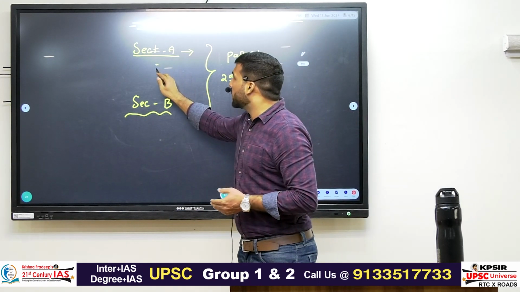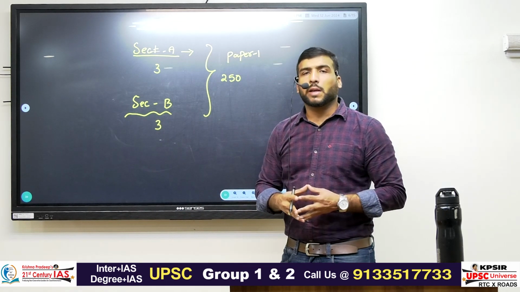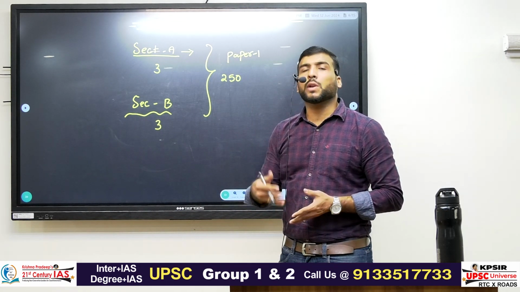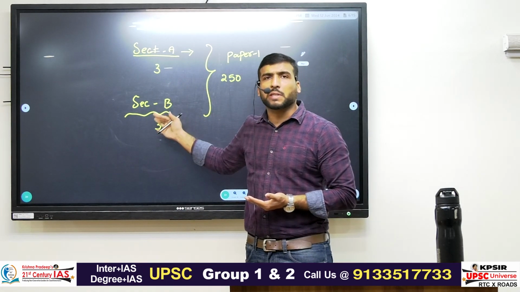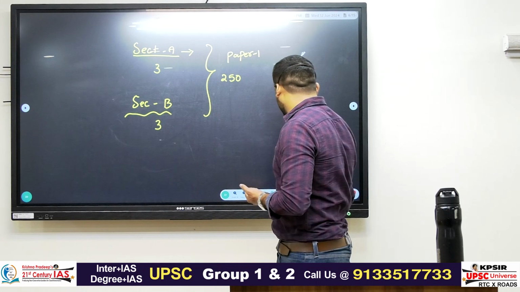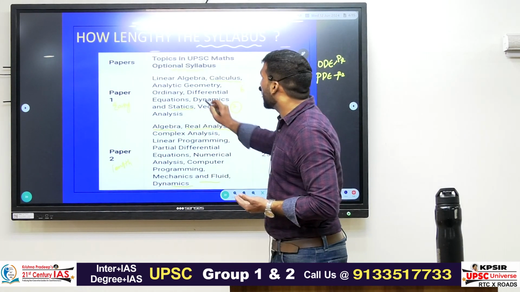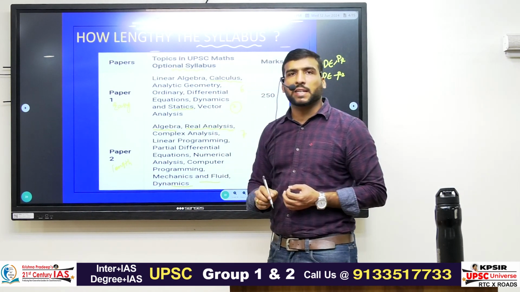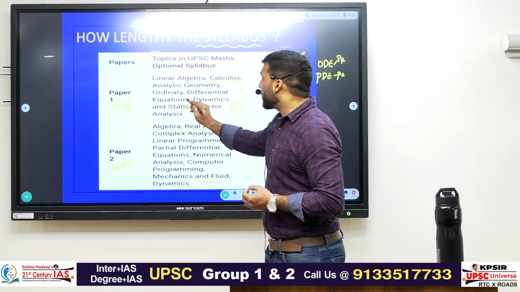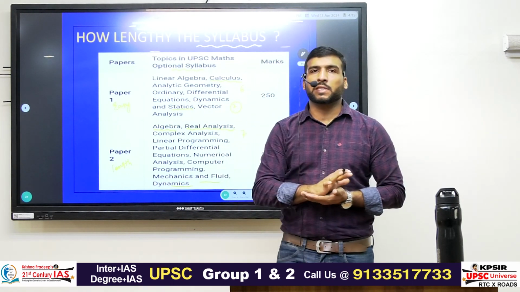In section A, 3 chapters, and in section B, 3 chapters. As I told you, paper 1 is easier to score good marks, because most of the chapters in paper 1 are easy chapters. For example, in section A: linear algebra, calculus, analytical geometry. And in section B: differential equations, dynamics and statics, vector analysis.